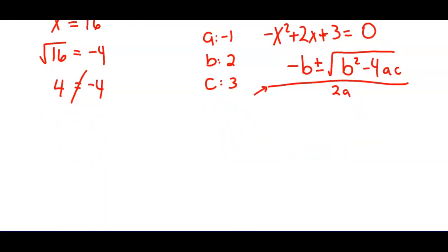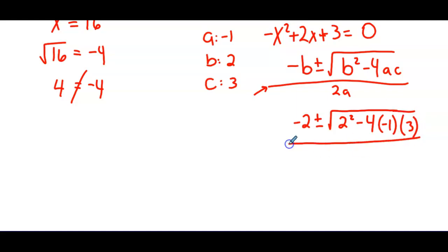Okay, so let's figure that out. Let's plug and chug. Opposite of b, well, that's -2, plus or minus 2 squared minus 4 times a, which is -1, times c, which is 3. And all of that is over 2 times -1. Okay, moving right along.